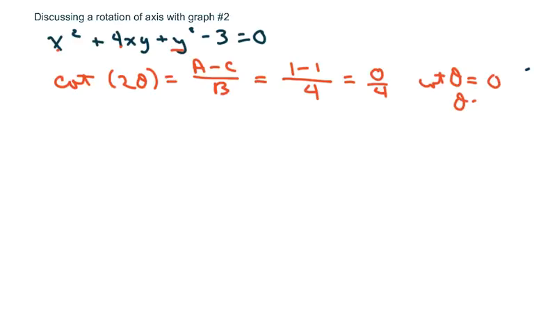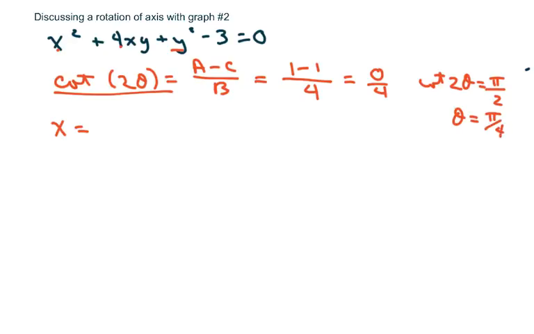That means 2 theta equals pi over 2. And then when you use your rotation formulas, you get, actually, sorry. See, this happens when I go too fast. 2 theta is pi over 2, because that's what we had here. So theta is pi over 4.